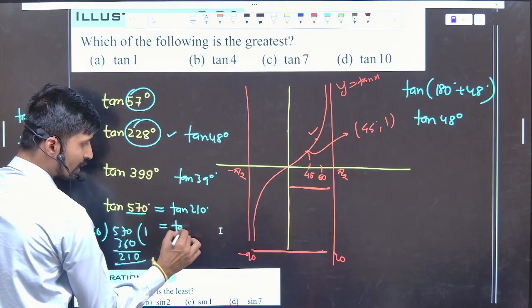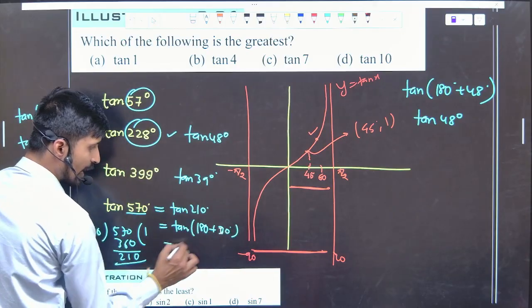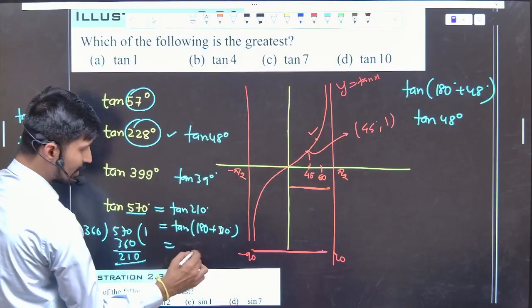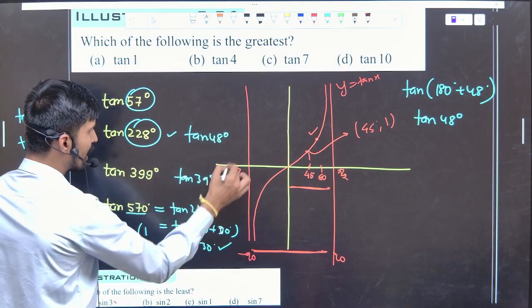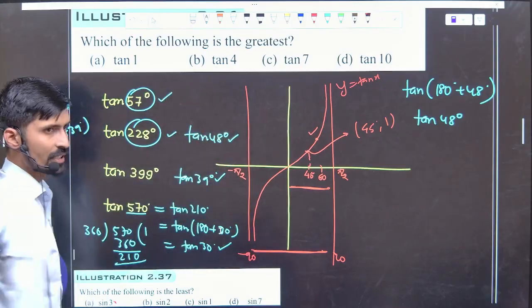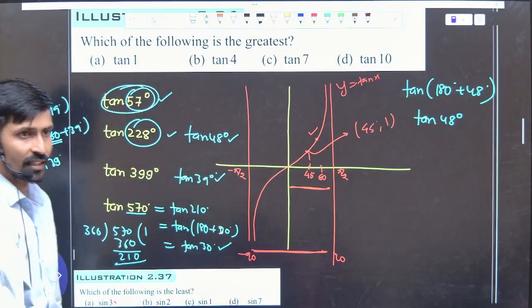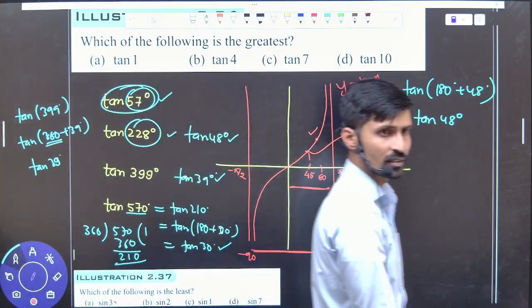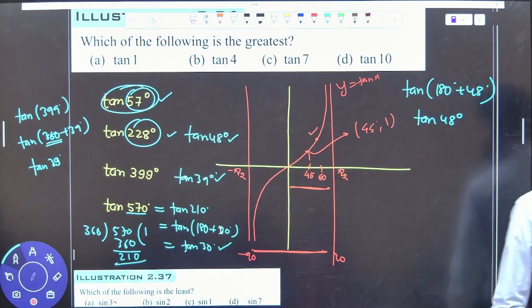And tan 210, can you write it as tan of 180 plus 30 degree? And tan of 180 plus theta is tan theta. So that will become tan 30 degree. Now tell me tan 30, tan 39, tan 48, tan 57. Which is greater? Tan 57 is greater. Why? Because that angle is greater. Understood?